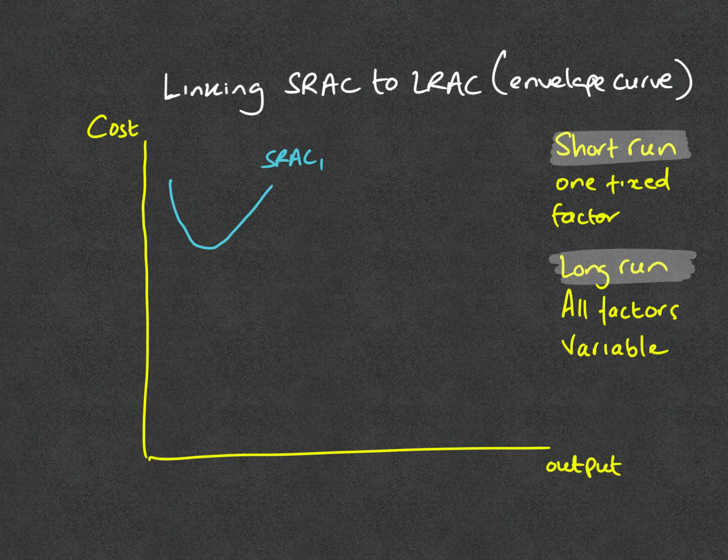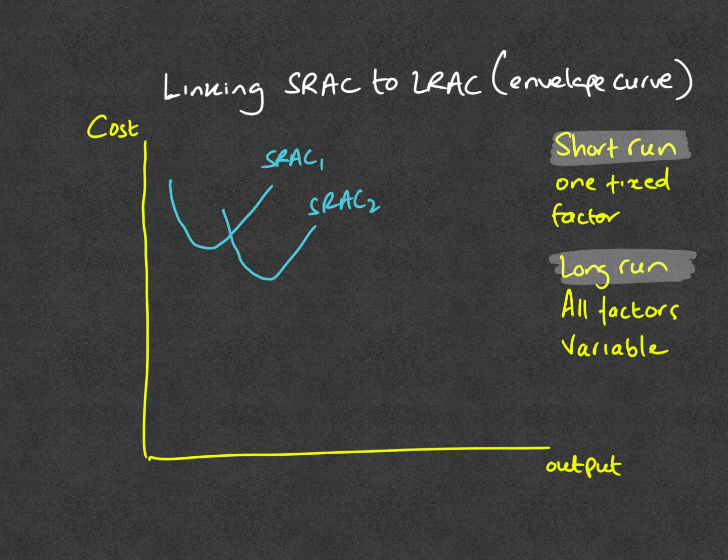If that's the case, then their SRAC curve would be lower down, and it would look something like that, SRAC2. And then the same thing, what about three pieces of machinery that the firm starts with? It remains fixed, but they initially bought three, or they have a larger factory compared to the previous two scales of production. So you see the point.